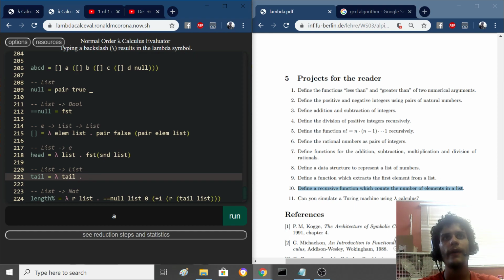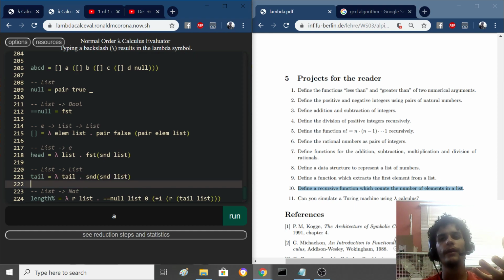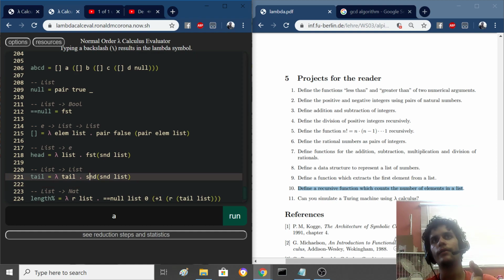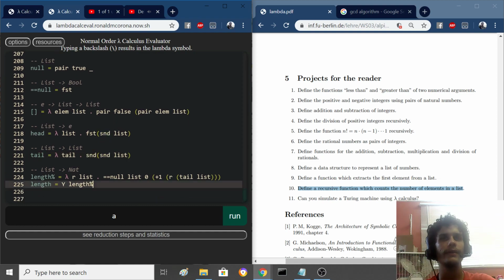If you know head, you should pretty much figure out how to do tail, which would be second of the list. Remember, the second of the list is going to give us the actual stuff, not the indicator telling us whether or not it's null. The first one is going to be the head, the second is the actual list, the rest of the list, because the first is the first element of the actual list. I think you know what's going on.